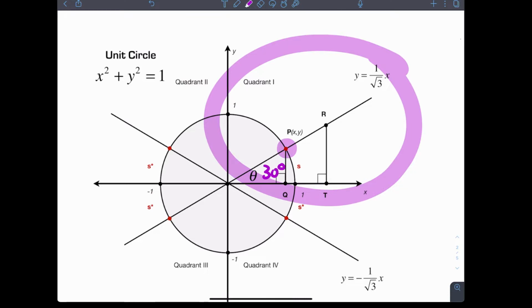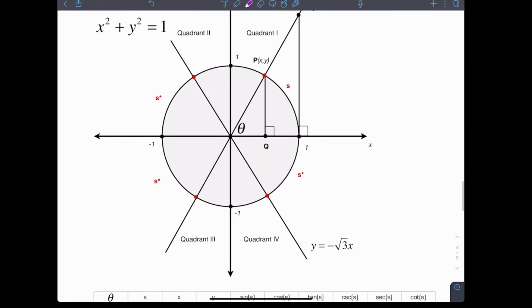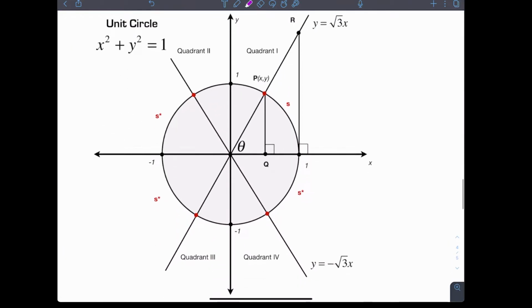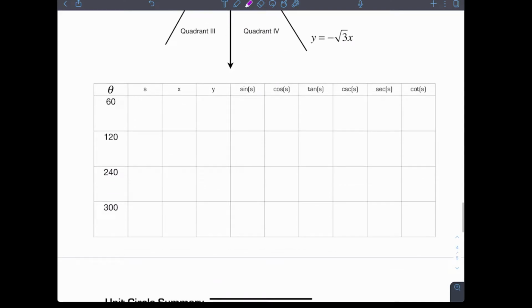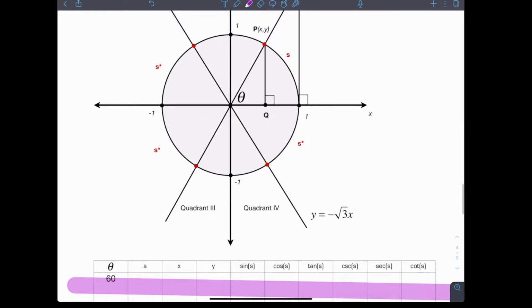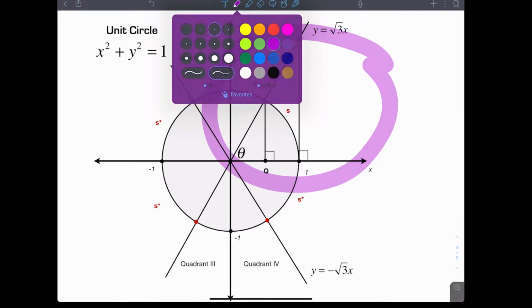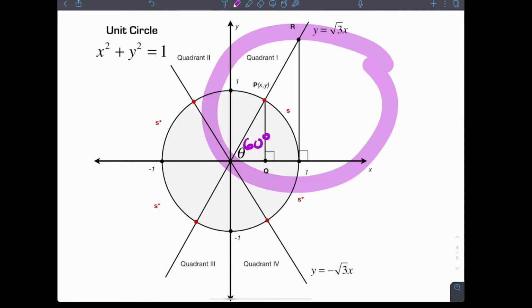Okay, we're going to see this. We're going to see the coordinates there. And also for what? This one actually is 60 degrees. Geometry. So this here, quadrant 1 angle, we're going to see this is going to be what? 60 degrees. You just need those particular coordinates here.